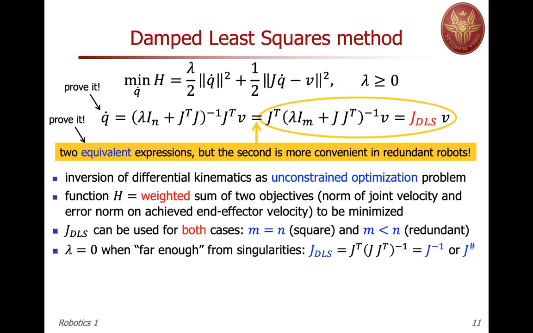So if we look at the expression of J DLS, damped least squares, and we set lambda equal to 0, for instance, in the second expression, we find J transpose times J J transpose to the minus 1. Now, if J is square, then the inverse of the product J J transpose, the inversion can be distributed on the two factors.